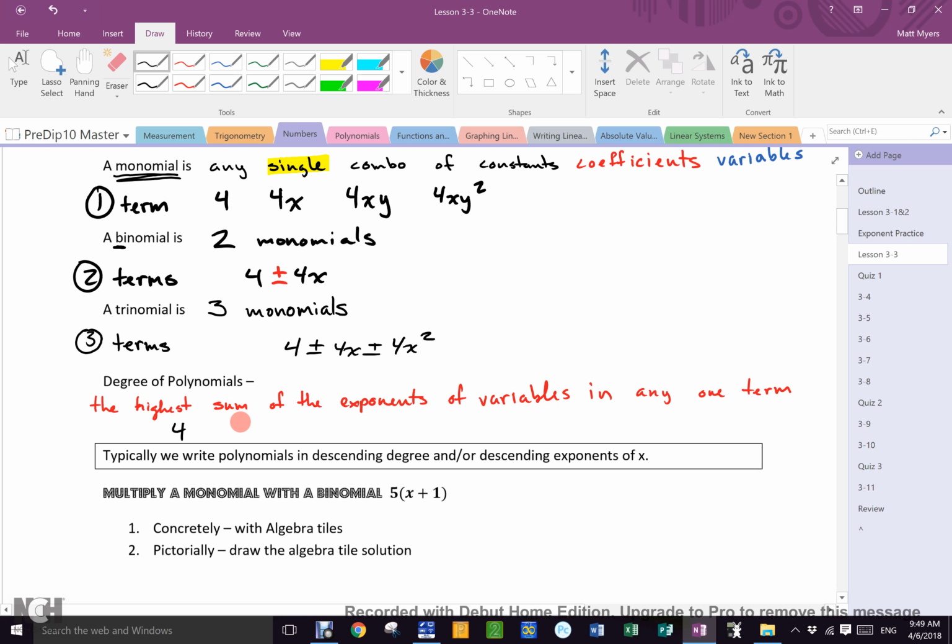What about this one? That is a 1st degree polynomial. What about this one? 2nd degree polynomial. What about this one? 2nd degree polynomial. Why? Because there's 2 terms. 1 and 1 make 2.